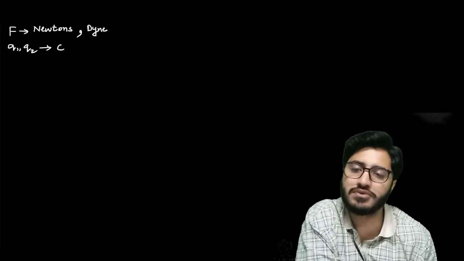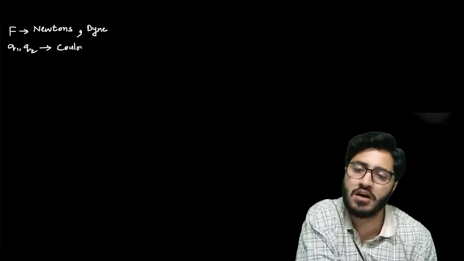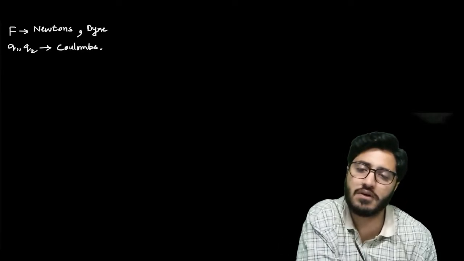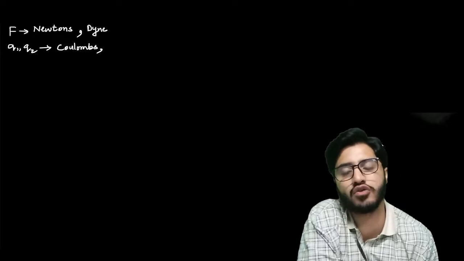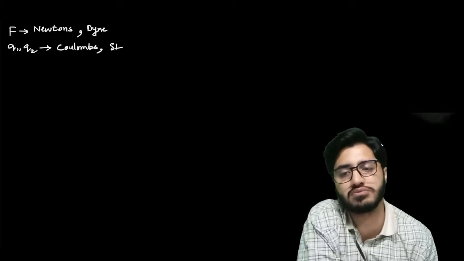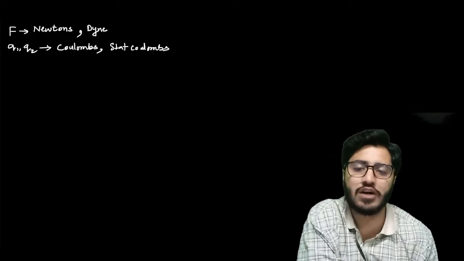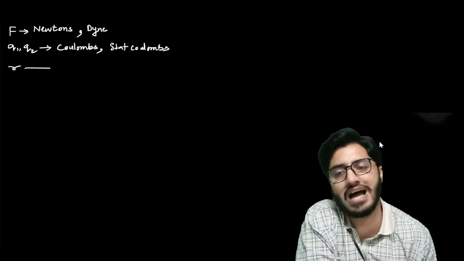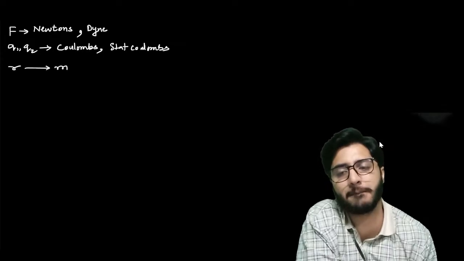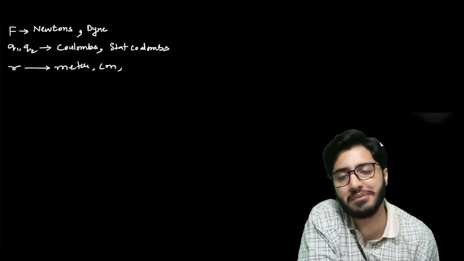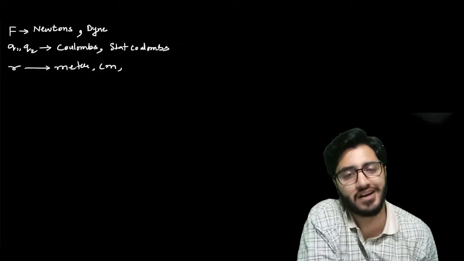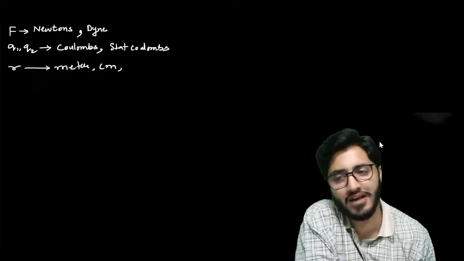These could be measured in coulombs or stat coulombs, or absolute coulombs. So I can write stat coulombs only. What is R? R is distance. So I can measure it in meters, centimeters, millimeters, micrometers, nanometers, angstroms, right?